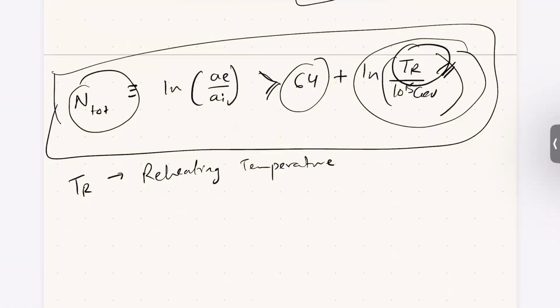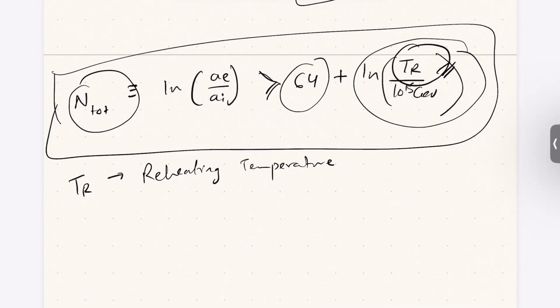Because it makes sense. Let's say I can calculate the reheating temperature. So if I can know what the reheating temperature is, I can know what energy budget the universe has at that particular time, right? And if I can know what energy budget the universe has, I can sort of make an assumption about what left that energy, right?